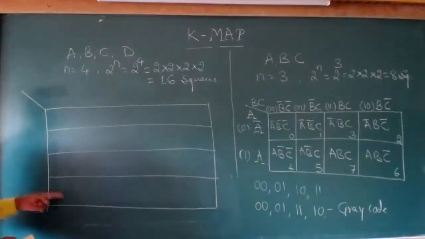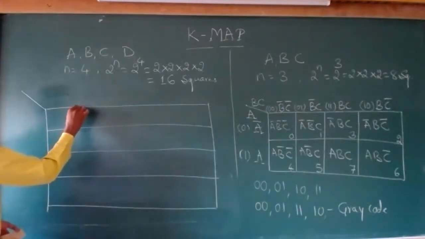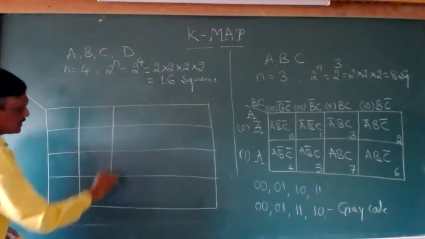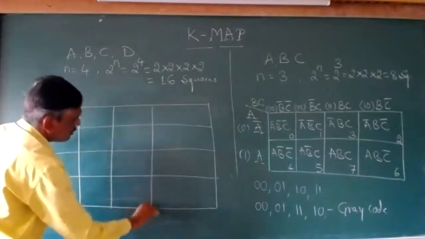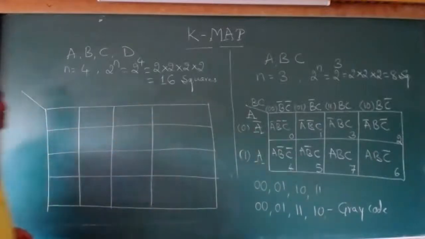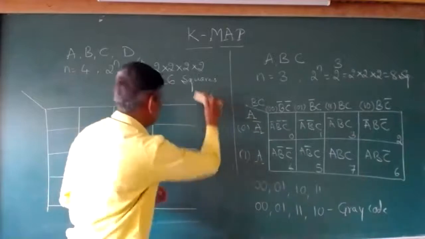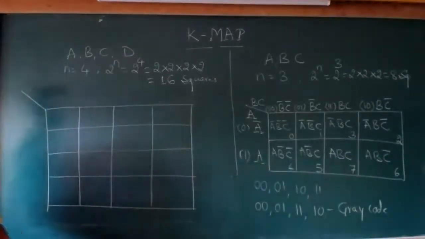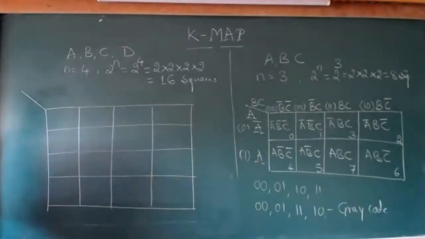And you can make 4 columns: first column, second column, third column, and fourth column. Right?